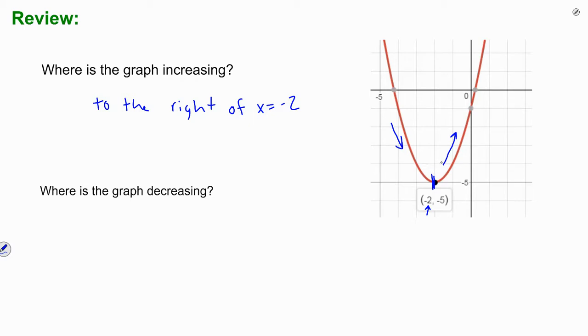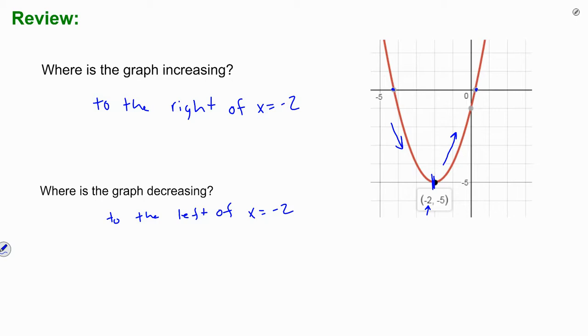For example, if you notice here, this has a y of 0 and this has a y of 0. So I can't use the y's to talk about where a graph is increasing or decreasing because they repeat, whereas x's don't. To show where it's decreasing, we're talking about the stuff on the left. So we would say to the left of x equals -2. And that's where we left off.